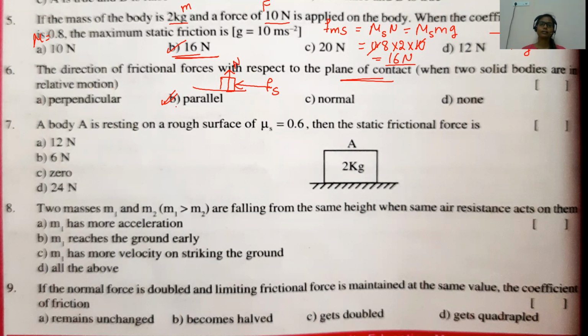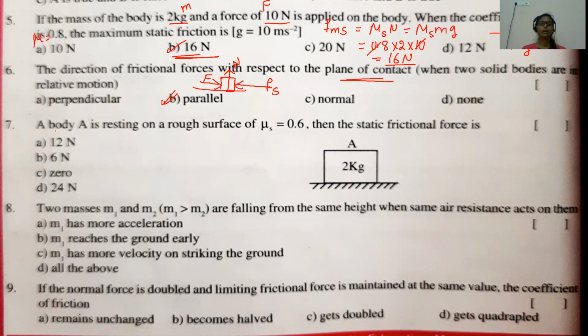One thing you need to remember: friction arises only when you apply a force. When applied force is not there, friction won't come. Normal will come, but the frictional force won't. When you start applying force, friction acts in the opposite direction. When the body is at rest and no applied force is there, frictional force definitely never acts.